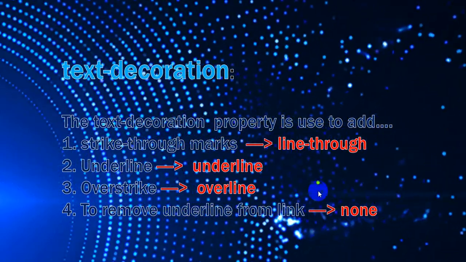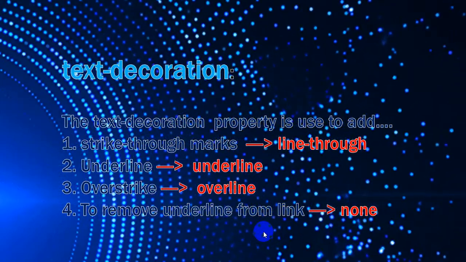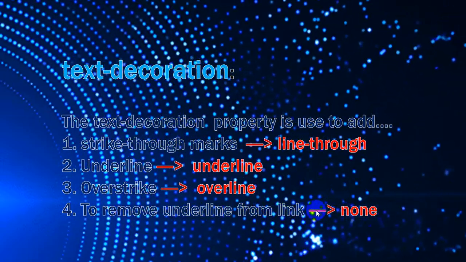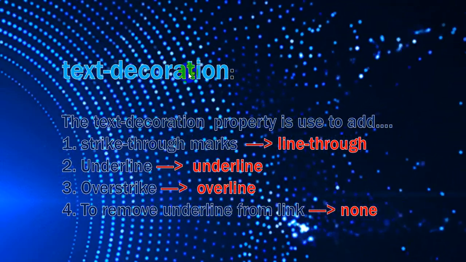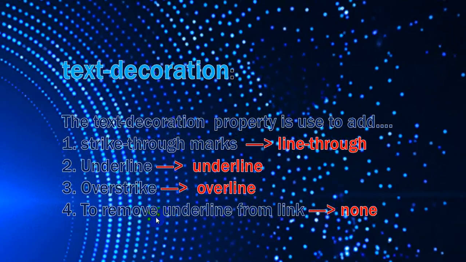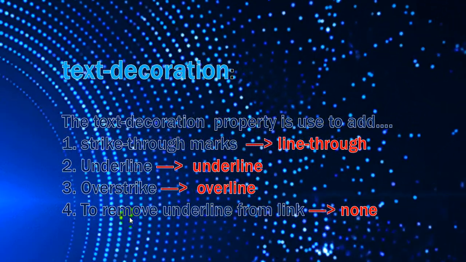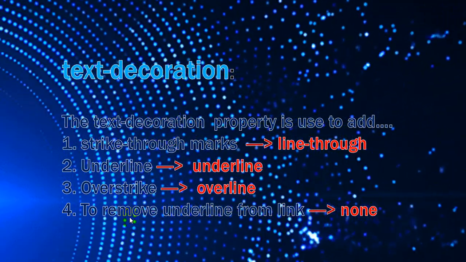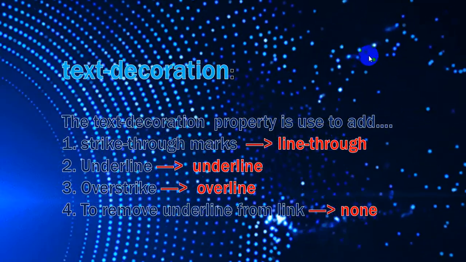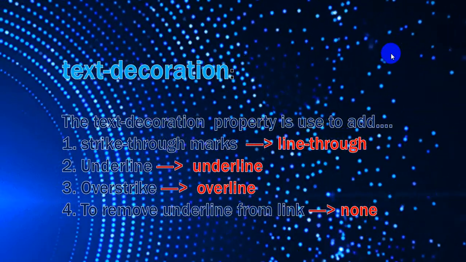Again, we will create a link, and then I will show you how the none value of text decoration is used to remove the underline from your link. For example, if you have given a Google link, Google is a text, and below that you will get an underline. This is the default.